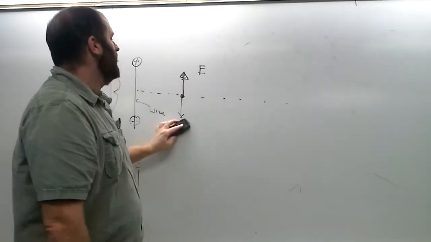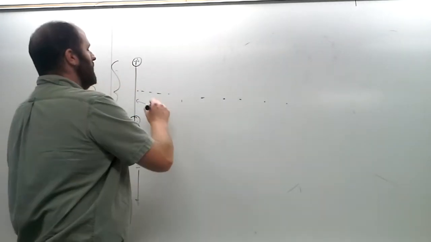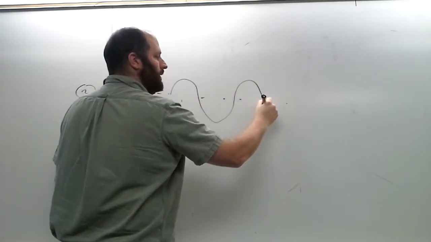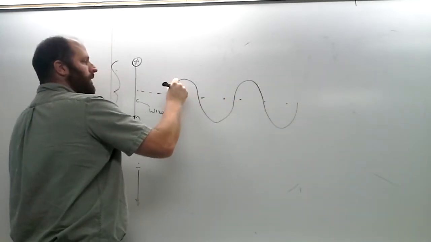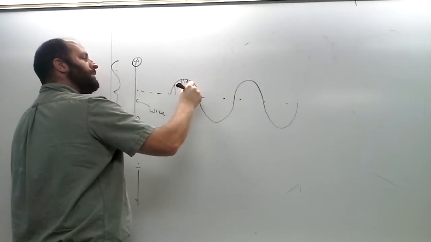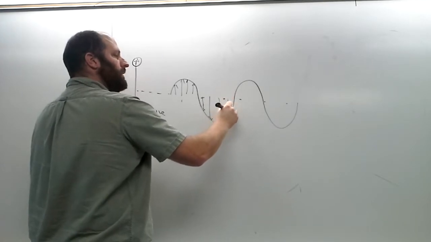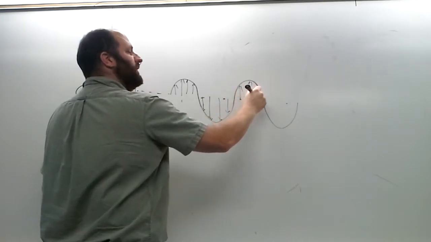So what that really means is we can represent those electric fields with a wave. And the wave is representing the disturbance in the electric fields. So what I'm drawing right now represents electric field vectors.